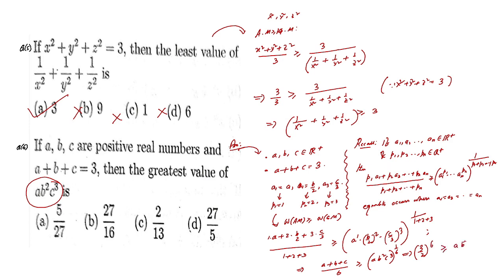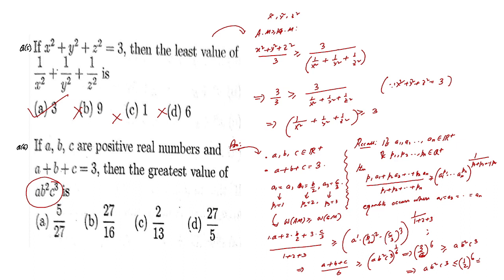This is greater than or equal to a b square c cube. So a b square c cube is less than or equal to (3 by 2) to the power 6, sorry, it will be 6. So that will be half to the power 6.